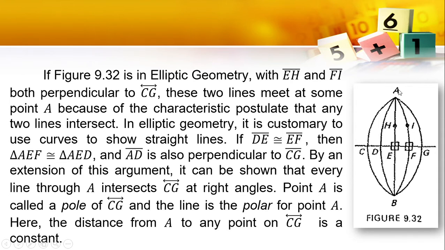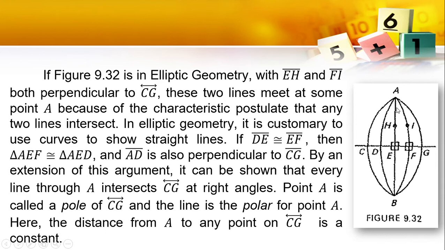So all the lines passing through A intersect the line segment CG, and it creates right angles because they are perpendicular to that line. So point A is called the pole of line segment CG, and line segment CG is the polar of point A. So this point A is the pole while CG is the polar.